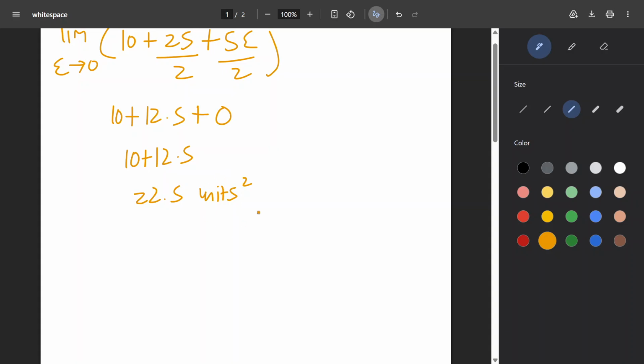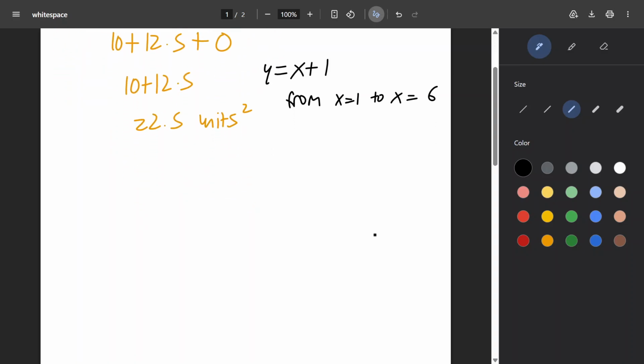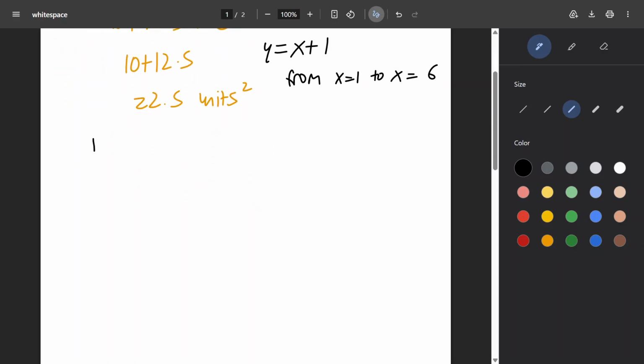Okay, great. So we have an answer for what the area under y equals x plus 1 looks like from x equals 1 to x equals 6. But let's check our answer. Why don't we sketch a graph and calculate the area using geometry? Since this is a linear function, this should be relatively easy to do.